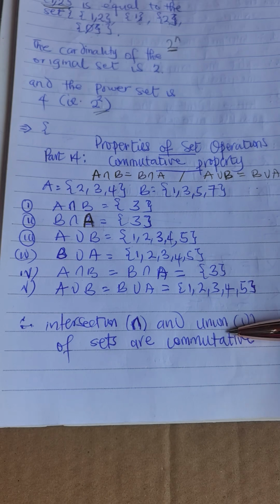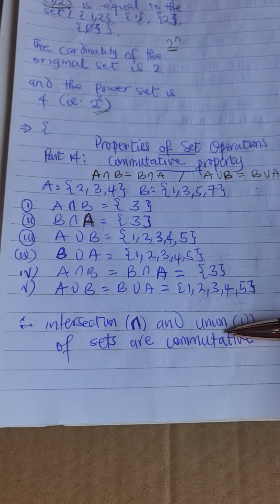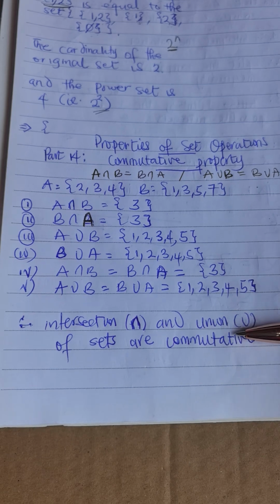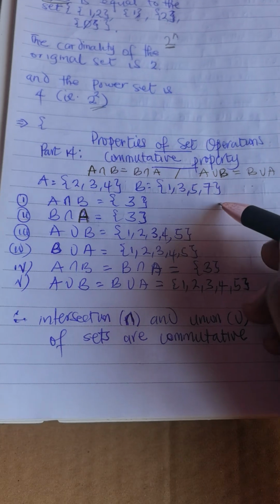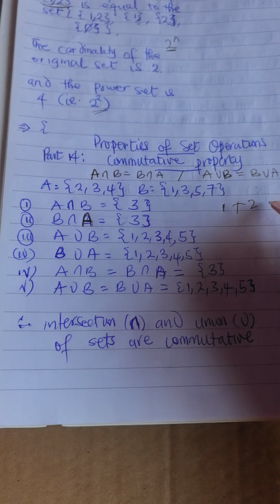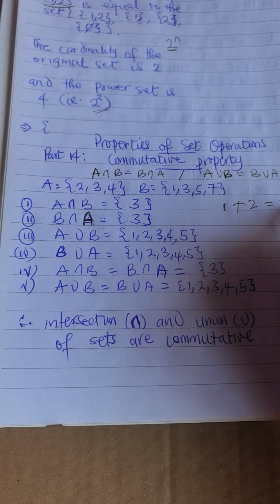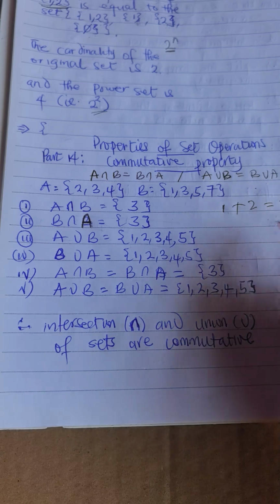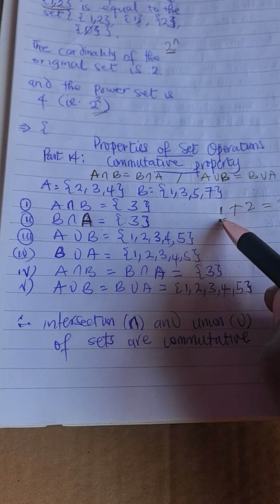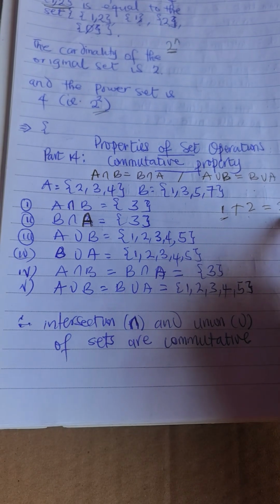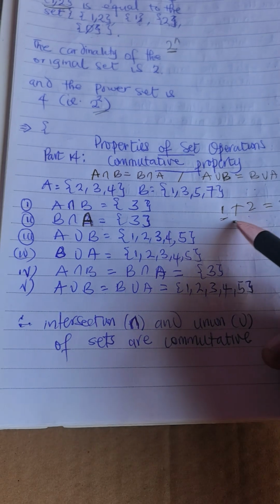We are not looking at any other operation here. If you want to do normal calculations in math, we have addition and multiplication, and it's the same thing. For instance, 1 plus 2 is equal to 2 plus 1. You see that we just changed the order: 1 appeared first, 2 came later, now 2 and then 1.